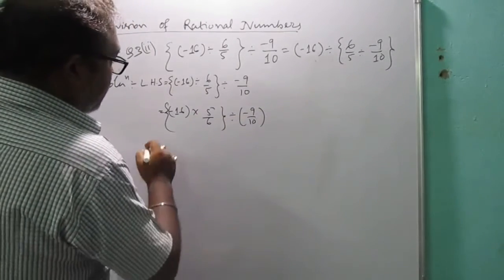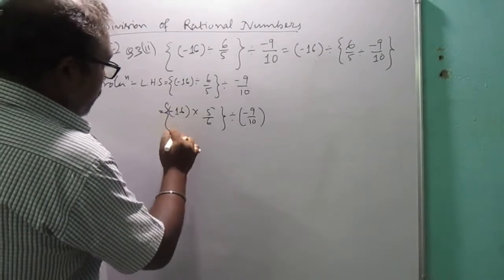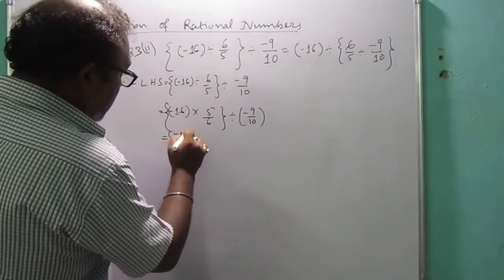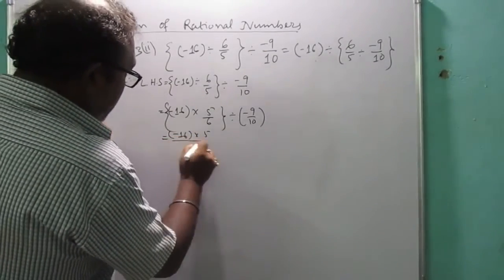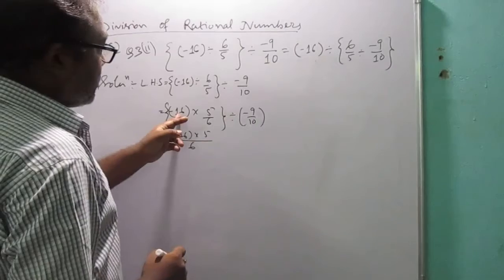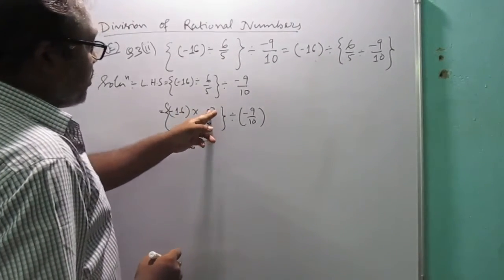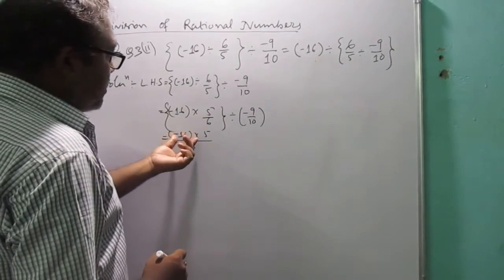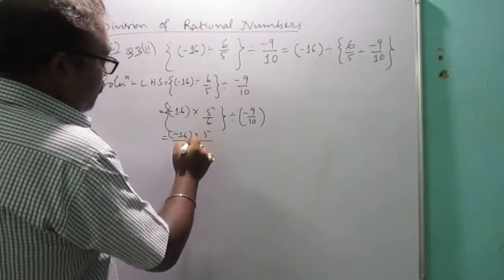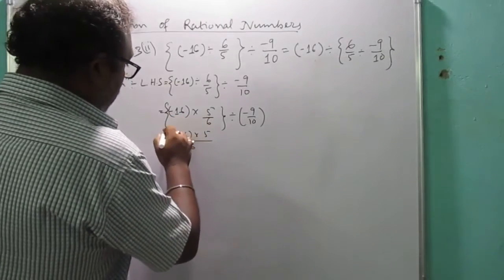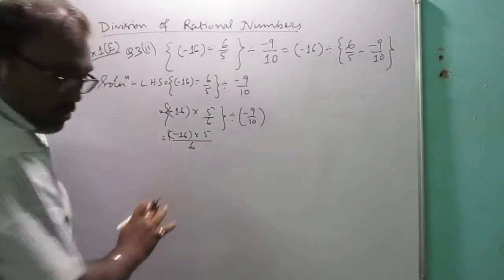So minus 16 into 5 divided by 6. The numerator will multiply with the numerator and give me minus 16 into 5, and the denominator 1 into 6 will give me 6. So this again I will put inside the second bracket.